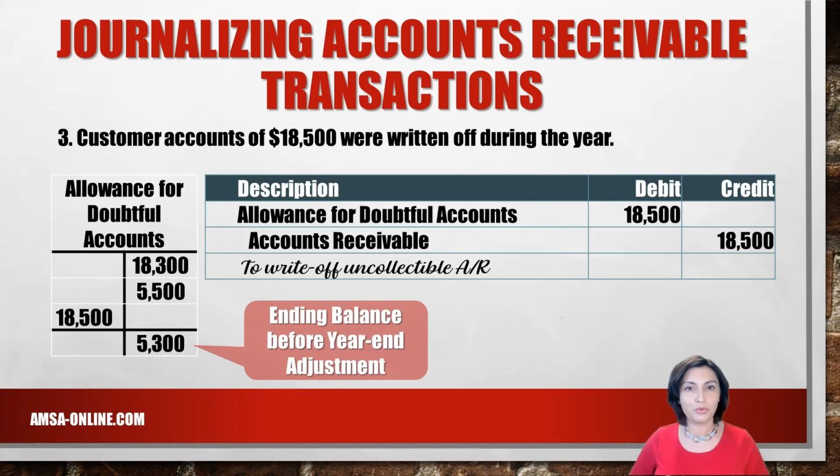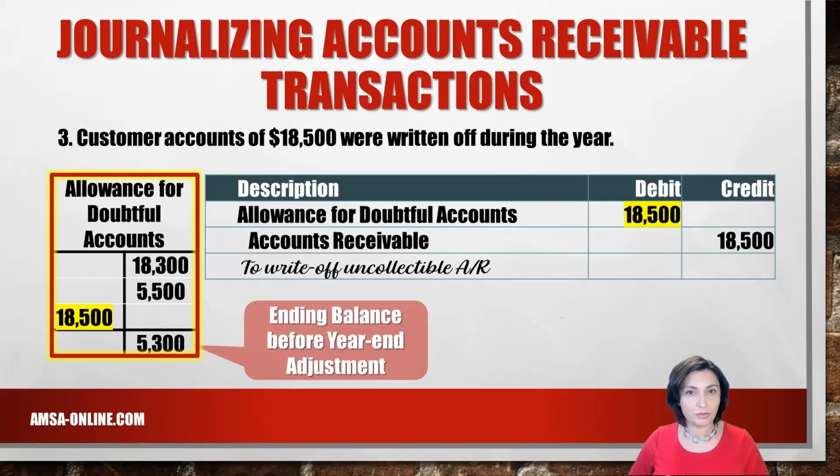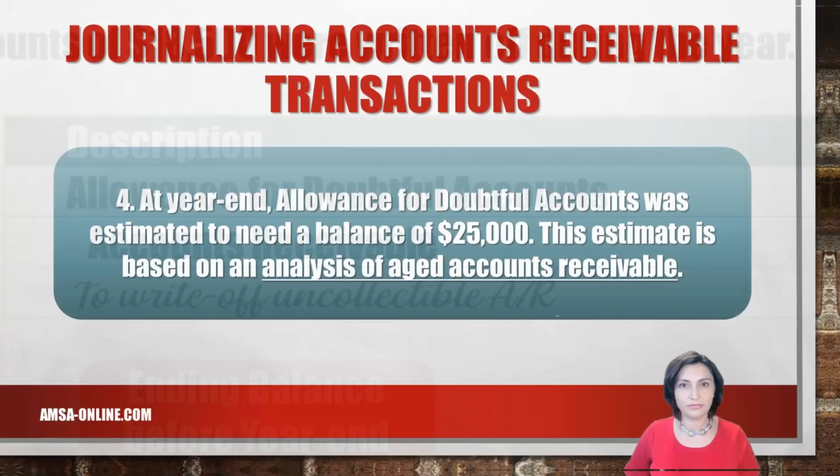Remember that because we need to match revenue and expenses, GAAP doesn't allow the direct write-off method when the bad debt expense account is debited or increased directly. Note that this transaction affects the allowance for doubtful accounts account by decreasing it. The balance now is $5,300. This is the ending balance before we prepare the year-end adjustments.